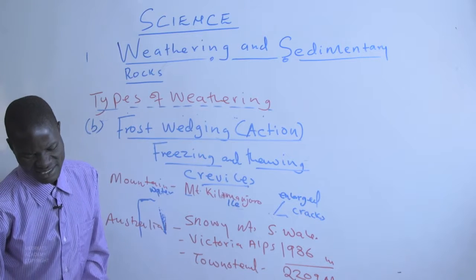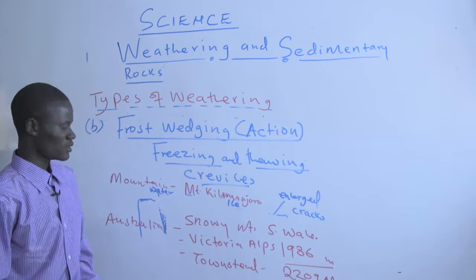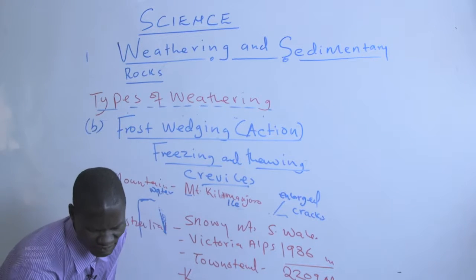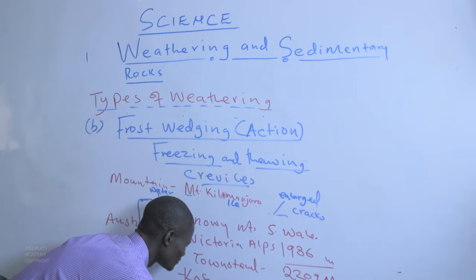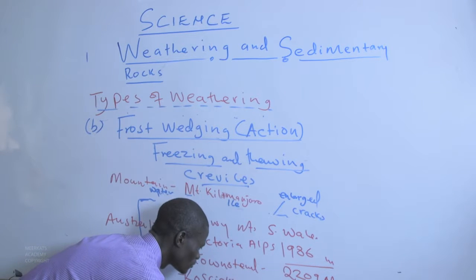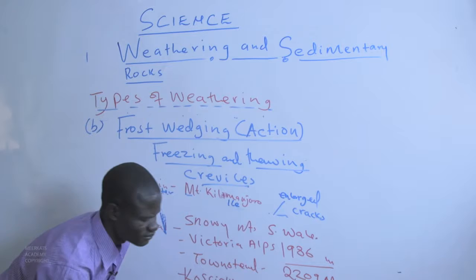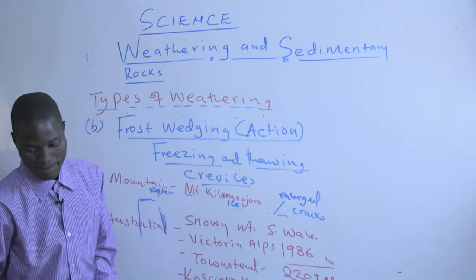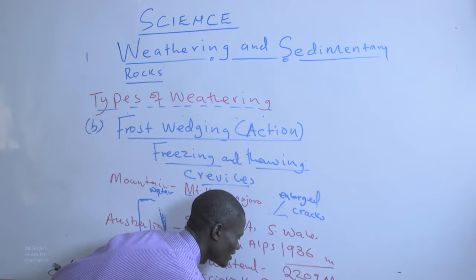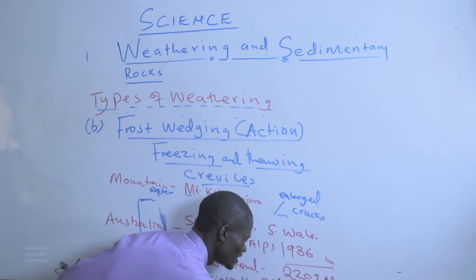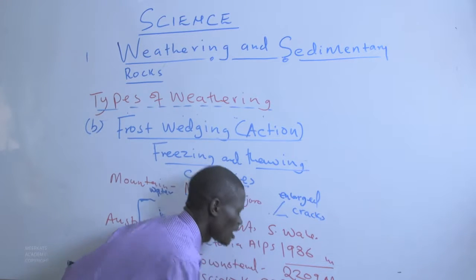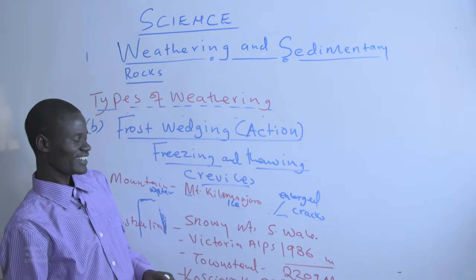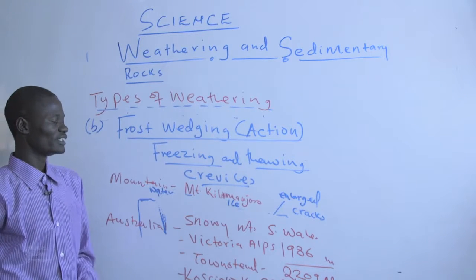And then lastly we have Mount Kosciuszko, which is 228 meters above the sea level, which is raised to that point.